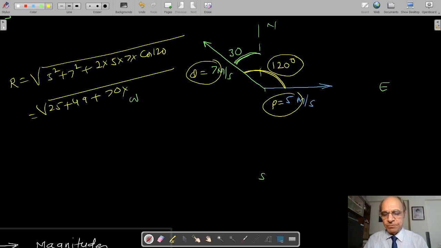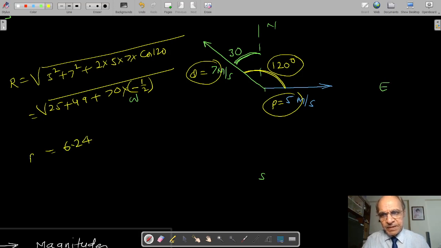Let me use my calculator to find the value of cos 120. Cos 120 is equal to minus half. So this would be square root of 25 plus 49 minus 35. So this is 6.24.